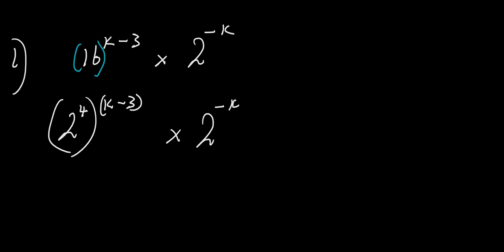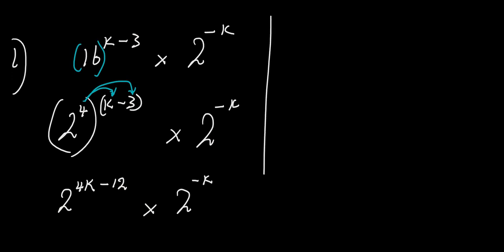So now we can distribute 4 into this and also into this. All right, so when we do that, this will become 2 exponent 4 times k will give us 4k, and 4 times negative 3 is negative 12. Okay, times 2 exponent negative k. So at this point, we have to keep just a single base because we are multiplying. So we need to apply the multiplication rule. So keep the base and add the exponent.